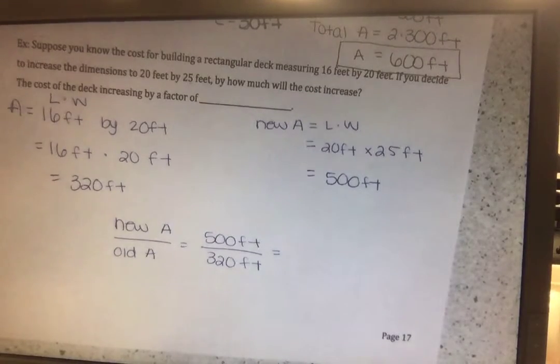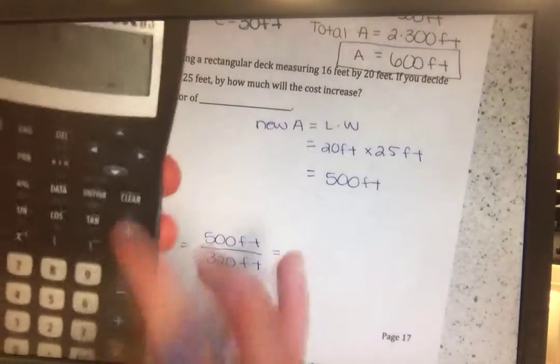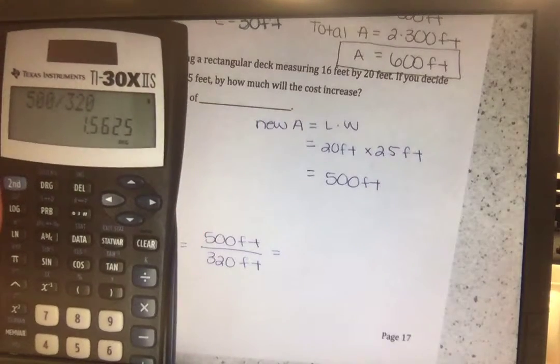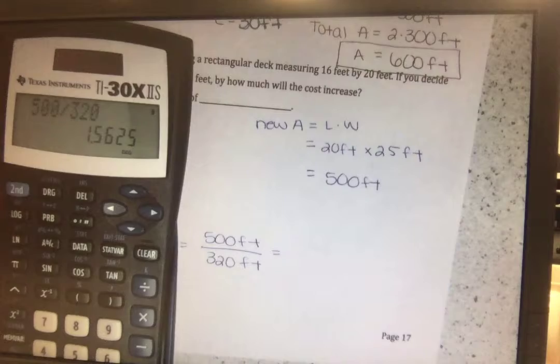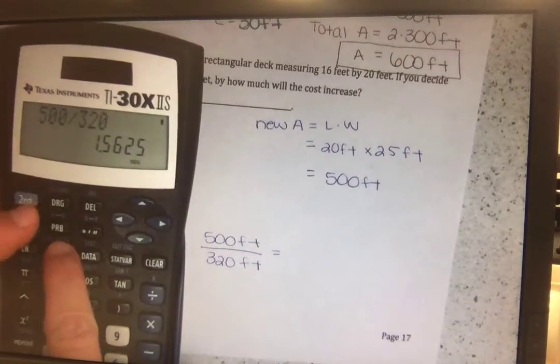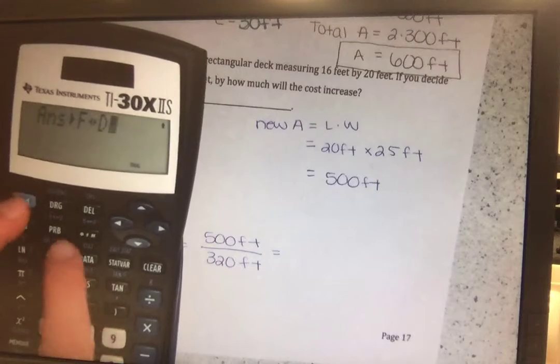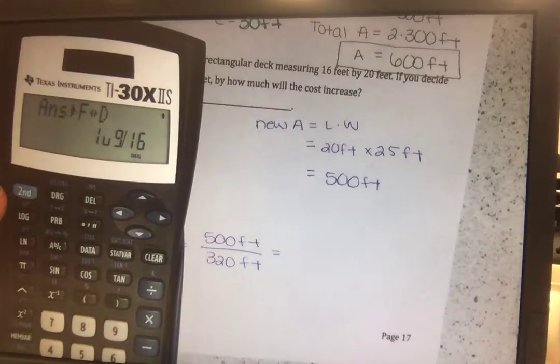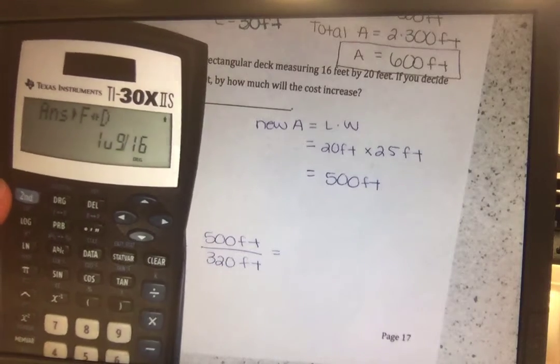So in our calculators, 500 divided by 320 will give us that ugly decimal. So putting this decimal back into a simplified fraction, I just want to simplify this fraction. So second, fraction of decimal, the PRB button, will give us that mixed number. I want to change that mixed number into an improper fraction.